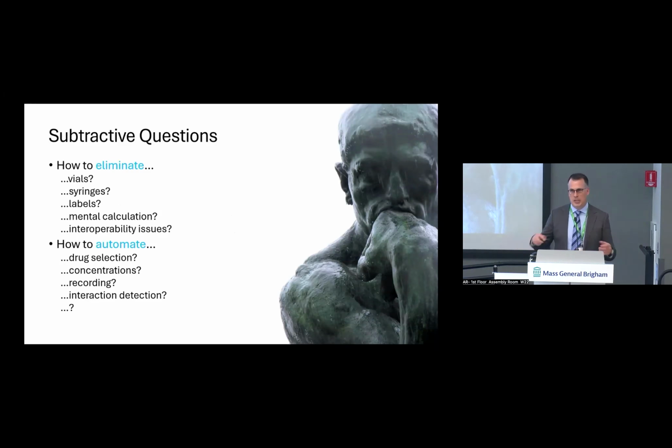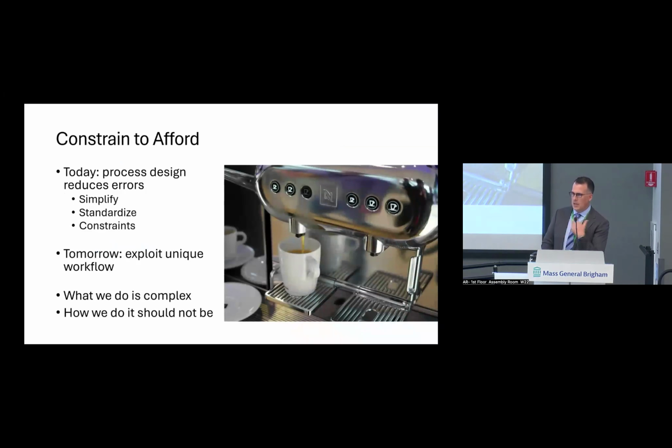There are the interoperability issues about syringes and NRFit and all that. And similarly, how do we automate various processes about drug selection and concentration, so that we have the fewest to deal with, and automate recording, so you're not spending as much time interfacing with the EHR, and various other interactions, allergies, et cetera. So we talk about constraints, but useful constraints.